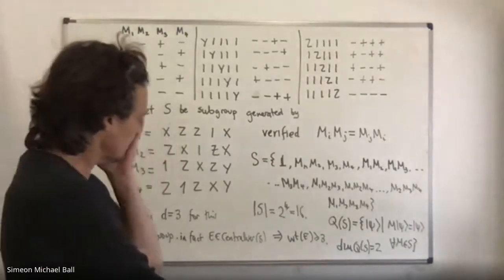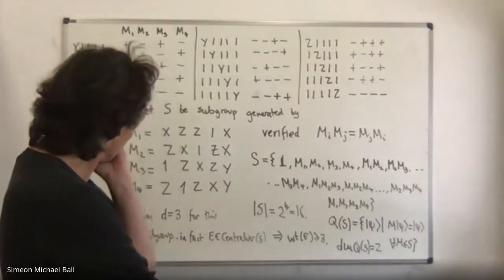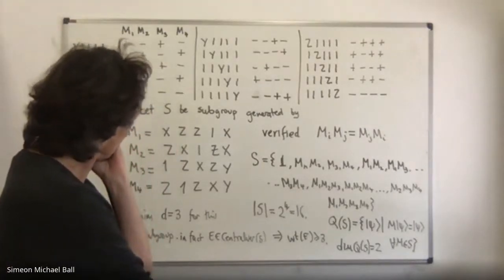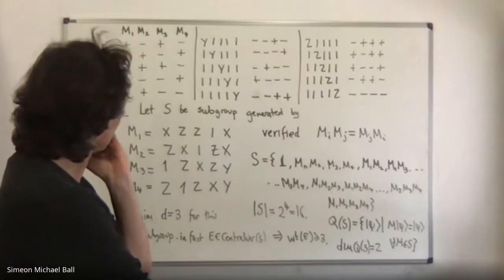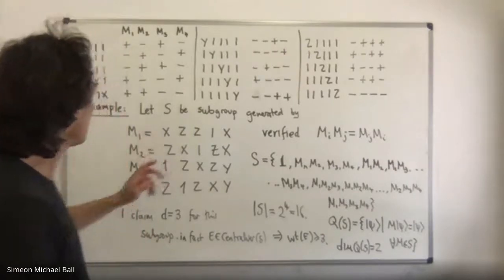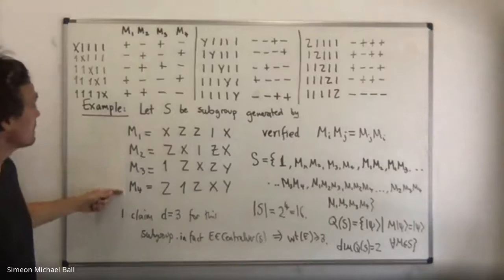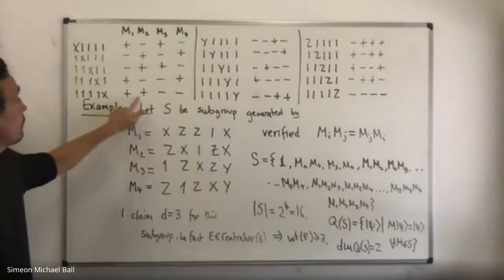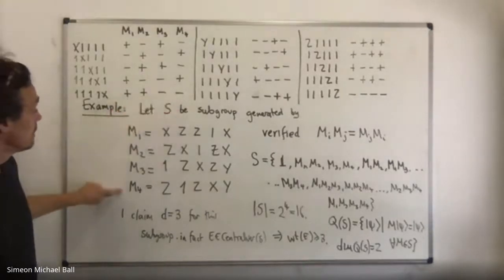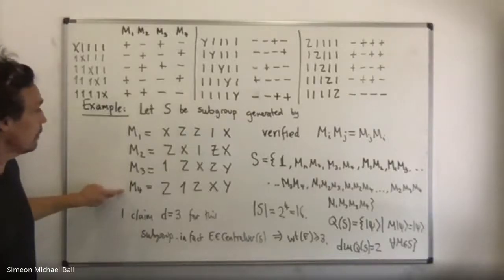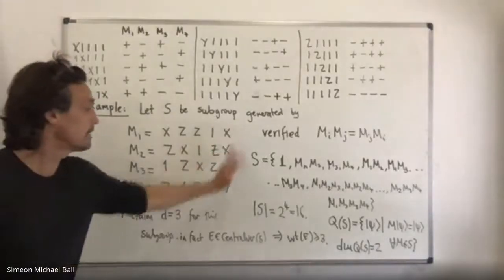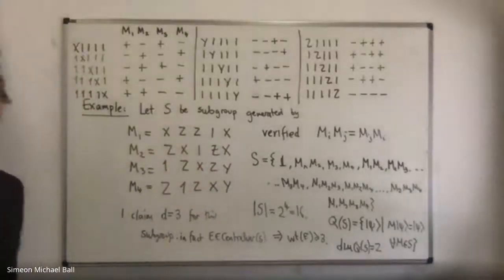Yeah, because we needed 4 operators. We definitely need 4 operators here. If you've only got 4 here, then the dimension you will see is 1 instead of 2.